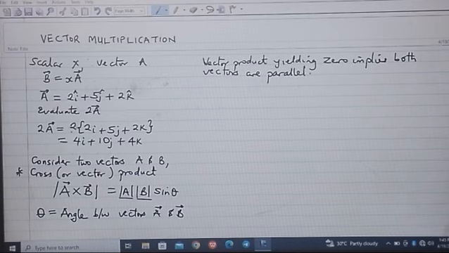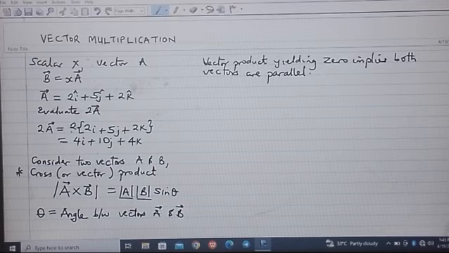So that is the condition for using cross product on two vectors. If the vector product between two vectors gives you 0, then both vectors are parallel to each other.